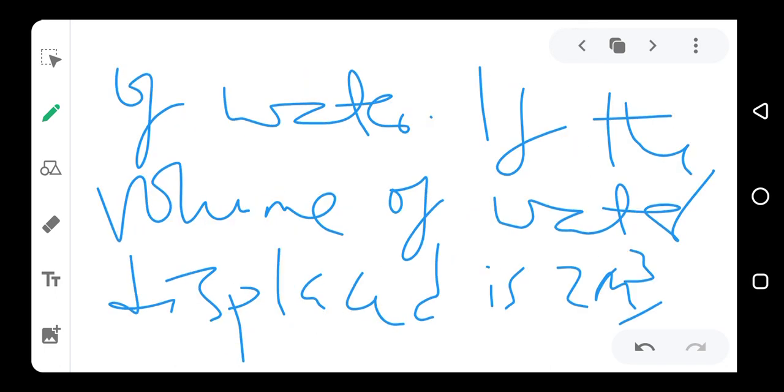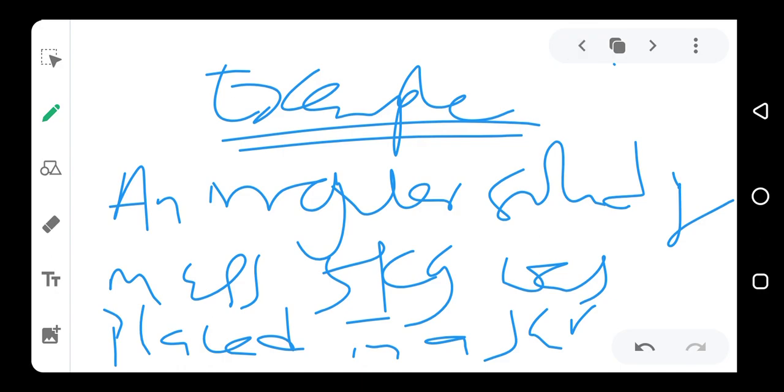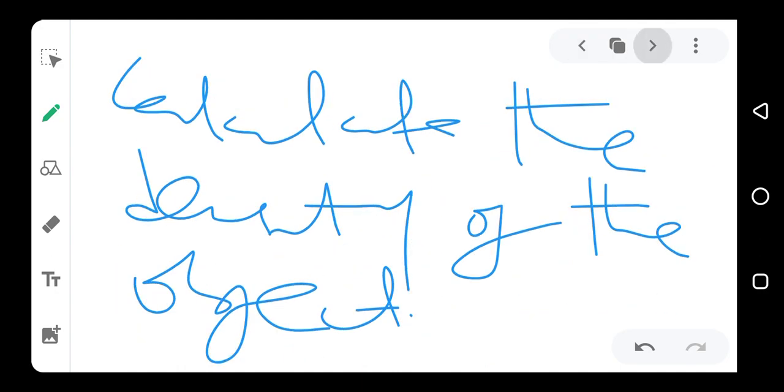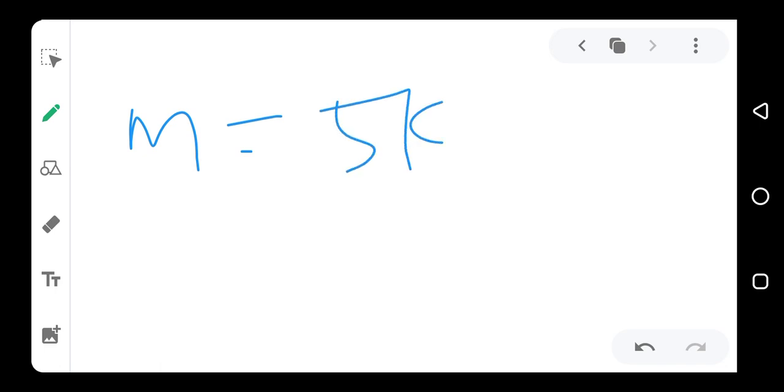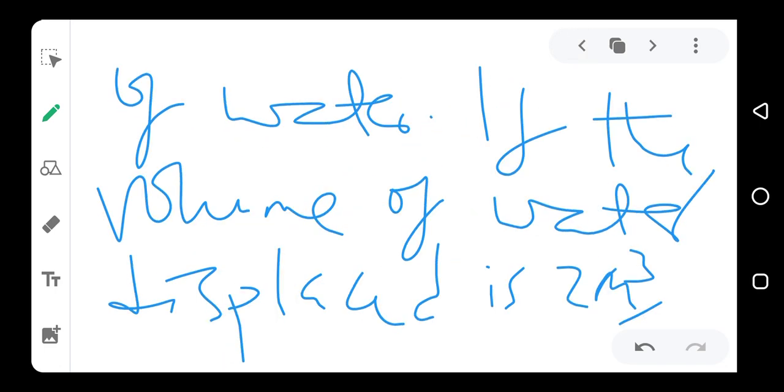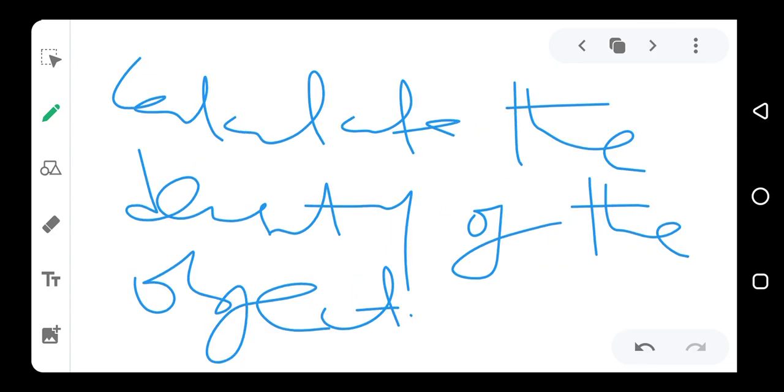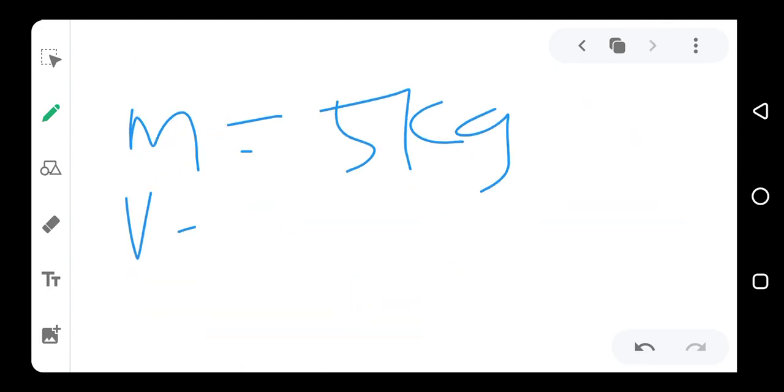Now we know the mass of the object. Mass of the object M is equal to 5 kg, and the volume of water displaced is 2 meter cube. Volume is equal to 2 meter cube. So we take this volume of water that is displaced as the volume of the object which we inserted inside the jar.